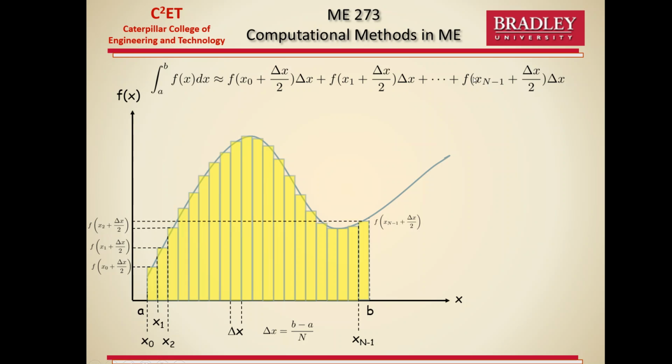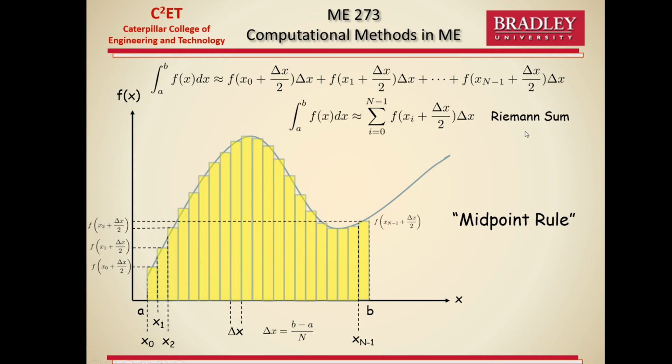Finally, adding everything up to make it look a little more economical, which also is a Riemann sum, we're indexing from 0 again to n minus 1. This is the new algorithm, evaluating the function at this position, which gives us what's called the midpoint rule. It's a little bit different approach than the left-hand rule. So those are two algorithms, the left-hand rule from the previous slide and this one, the midpoint rule.